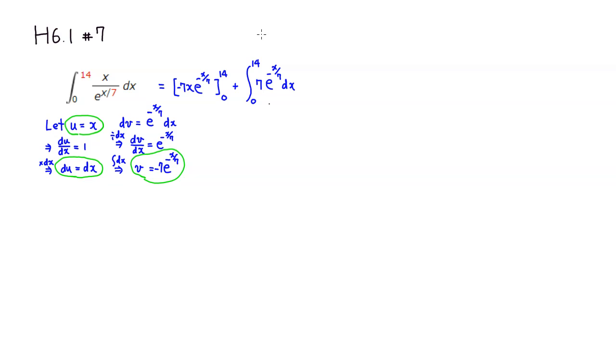Let me separate these so I don't get confused. If you plug in 14 here, it's going to be negative. 7 times 14 is 98, and 14 divided by 7 is 2, so it's negative 98 e to the negative 2.